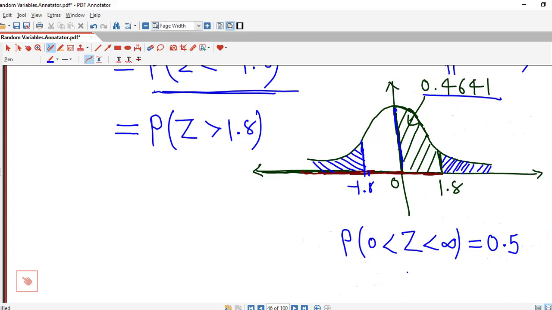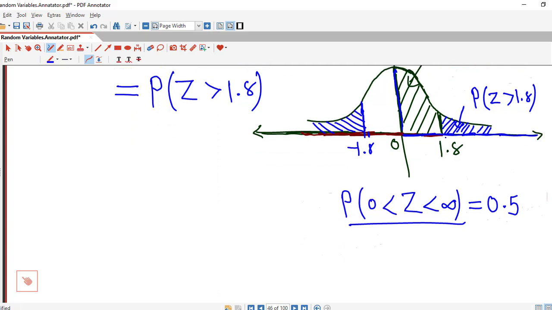So half of the area is nothing but 0.5. Now we are interested in this area. This is nothing but the probability that capital Z is strictly greater than 1.8. So we know that this area to the right side of the y-axis is 0.5, and we are interested in this area, and we have the value of the other area.